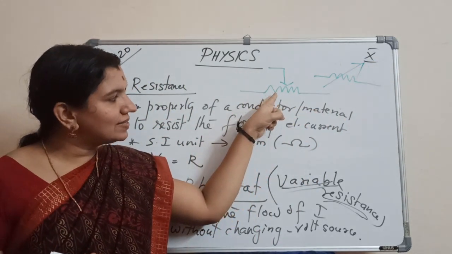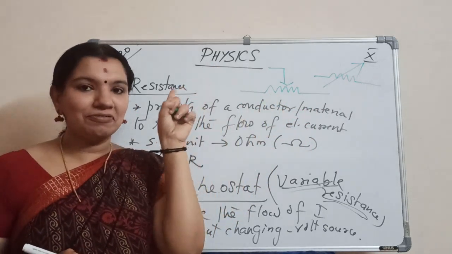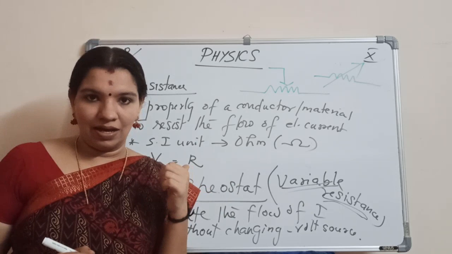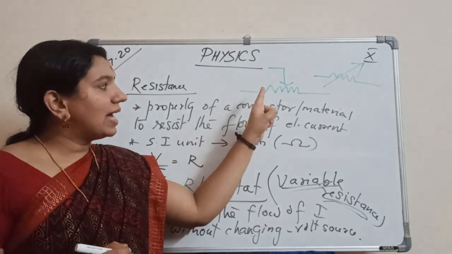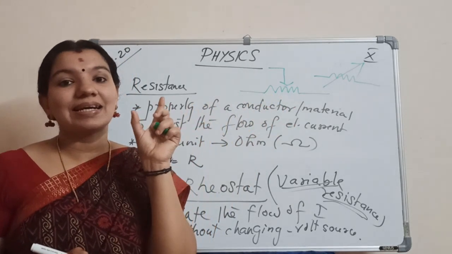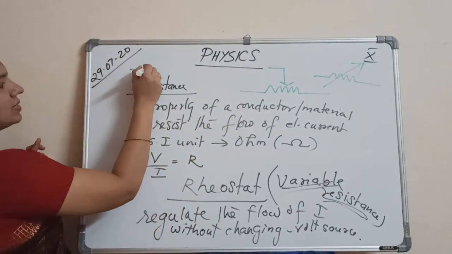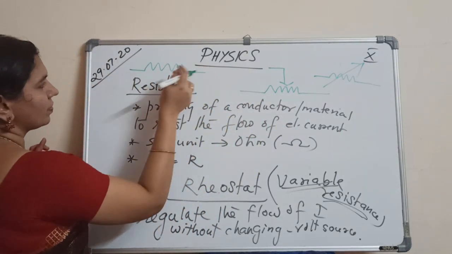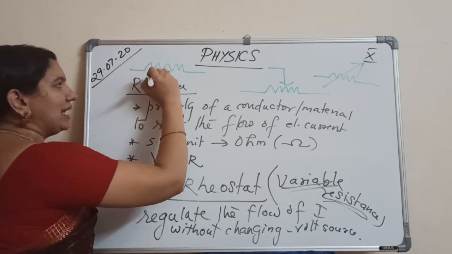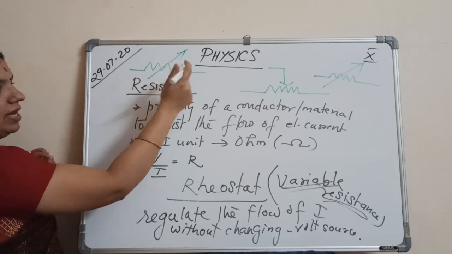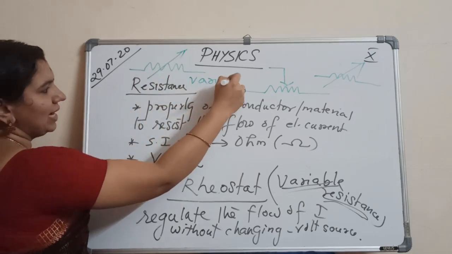Now you have seen this thing in our first circuit, in the first activity that we mentioned in the class. Now I will say that this is the symbol for resistance. Okay, the symbol for resistance is this one. Now, if I draw a line like this, it indicates that the resistance can be varied or changed.